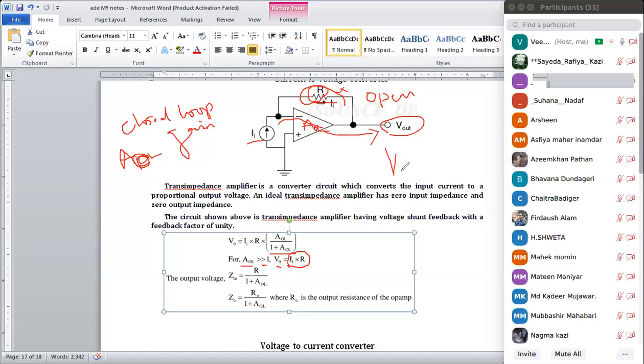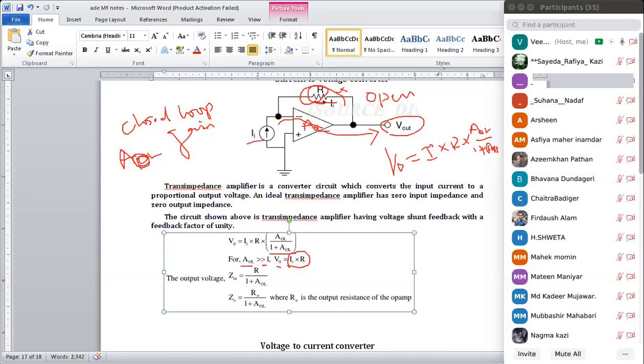So V naught equals the input current I into the resistance R into AOL divided by 1 plus AOL. In the transistor, we have seen beta divided by 1 plus beta, the gain of that transistor. In such fashion, here we have AOL; the gain is the same.